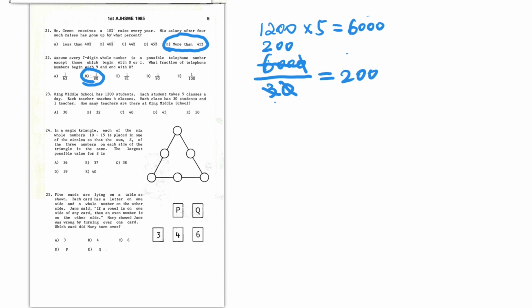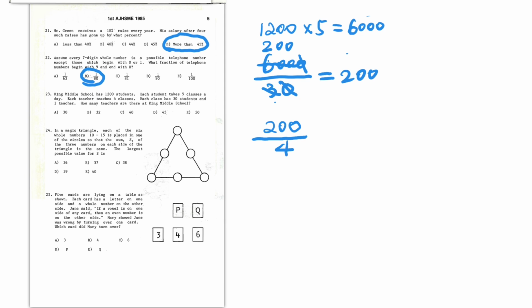And also, it's given that one teacher teaches 4 classes. In total, we have 200 classes. Each teacher teaches 4 classes. So we use 200 divided by 4.